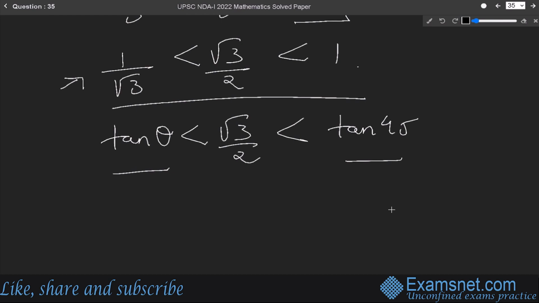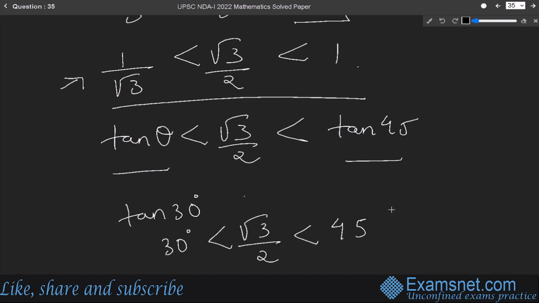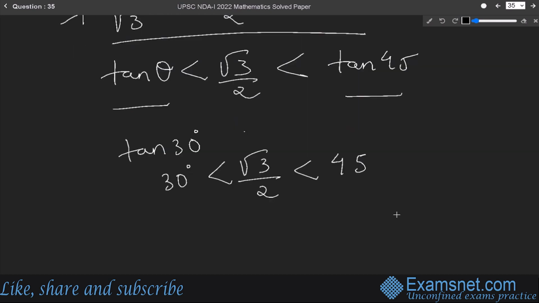Can you tell me what is tan theta here? Tan theta will be tan 30 degree, because tan 30 is equal to 1 upon root 3. So the theta is 30 and root 3 by 2 is our value, and here again the theta is 45. So I can say that theta lies between 30 and 45. So this is the correct answer for this question.